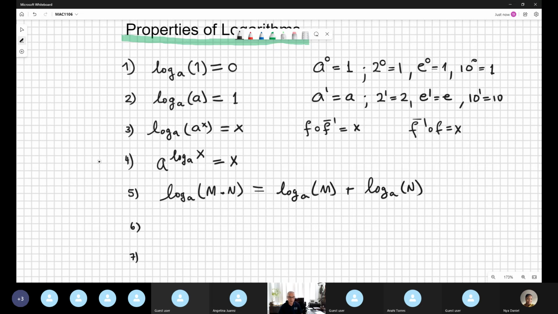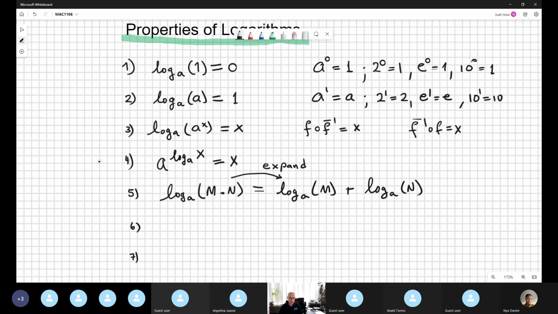Okay, you can use this property in both directions. Using this direction, if you want to expand, suppose we have one single logarithm, and inside we have different expressions, multiplication, multiplication, multiplication, and you expand into several, 1, 2, 3, 4, 5, depending on the expression you have.